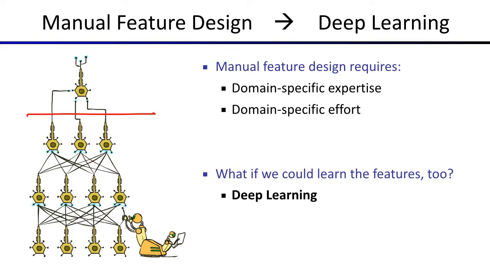This idea of letting the model learn features for you, in addition to learning the decision boundary, this class of models is called a neural network, and the approach is sometimes referred to as deep learning. So let's talk about how that actually works.